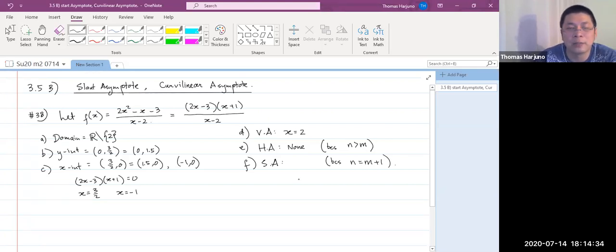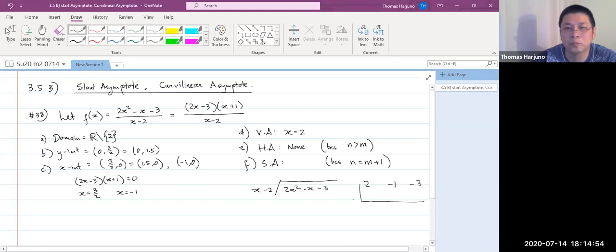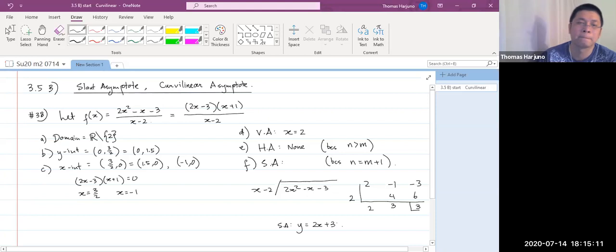So to find the slant asymptote, we will divide 2x squared minus x minus 3 by x minus 2. Because the denominator is in x minus c form, I can use synthetic division. Okay, so the slant asymptote is given by y equals 2x plus 3. That's the slant asymptote.